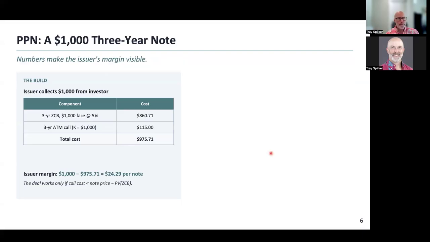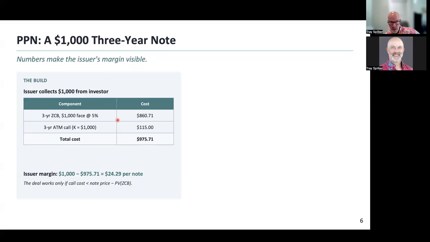Let's choose some numbers here. Let's say, as I mentioned before, the investor collects $1,000. I'm sorry, the issuer of the principal protected note collects $1,000 from the investor, and they buy a 3-year zero coupon bond at $1,000 face value. And let's assume the risk-free rate is 5%.